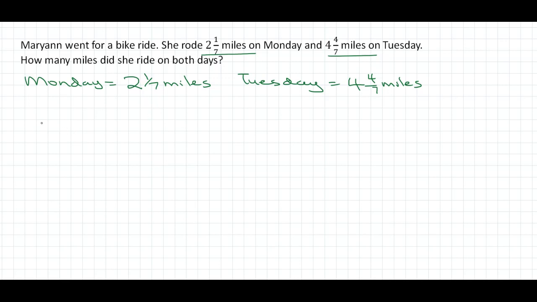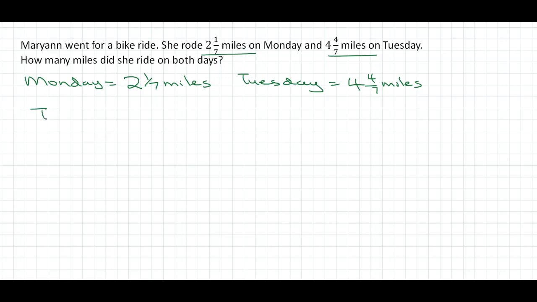So we're going to look at that as an addition because we're trying to find out how many miles she rode on the first day and the second day. So now we're going to come up with our word equation.